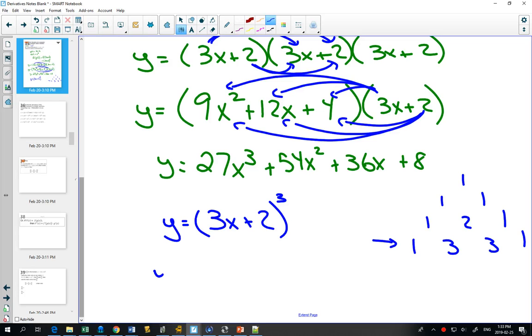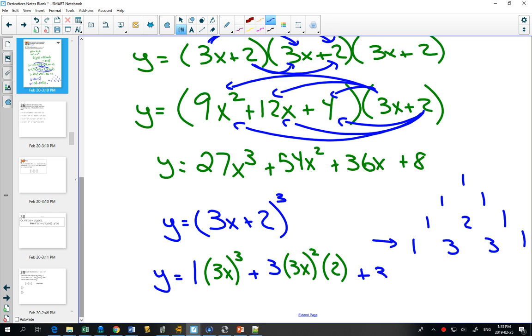And the expansion would be 1, and then the first term to the power of 3, plus 3, and then the first term to the power 2, and our second term once, plus 3, first term once, second term squared, plus 1, second term cubed.